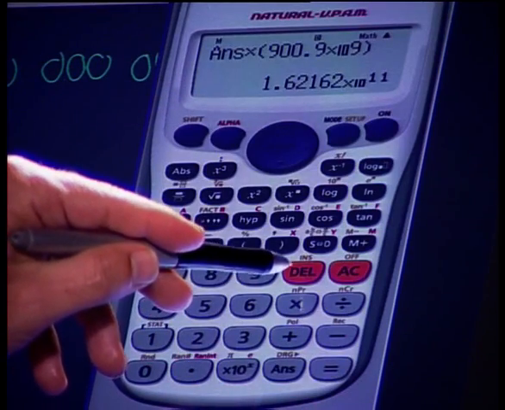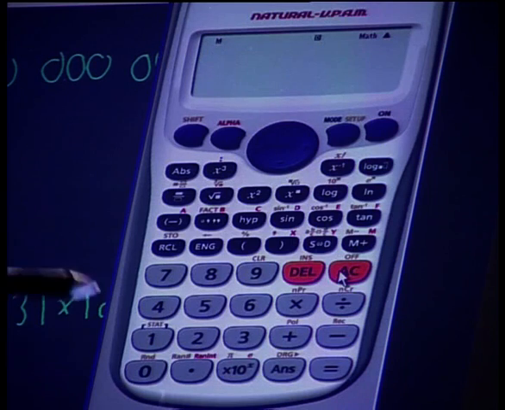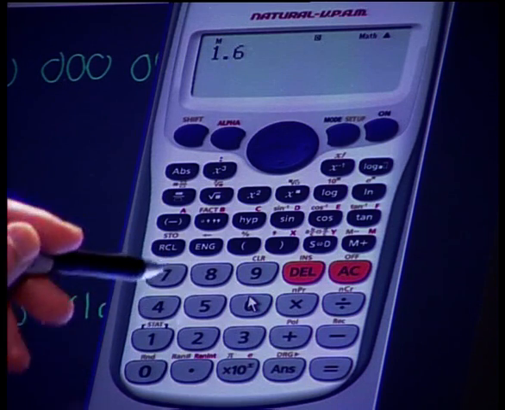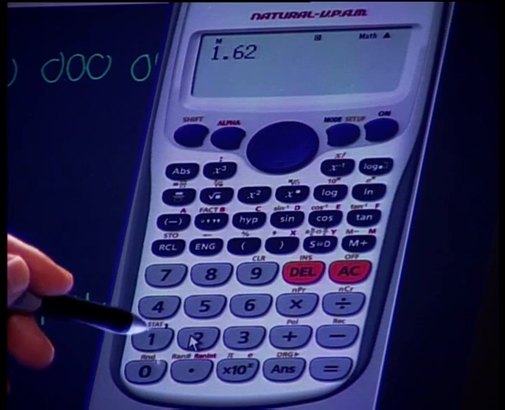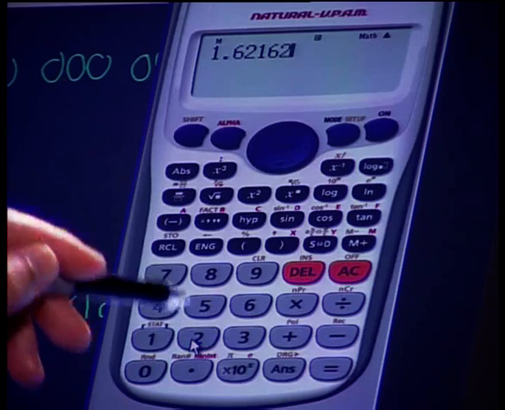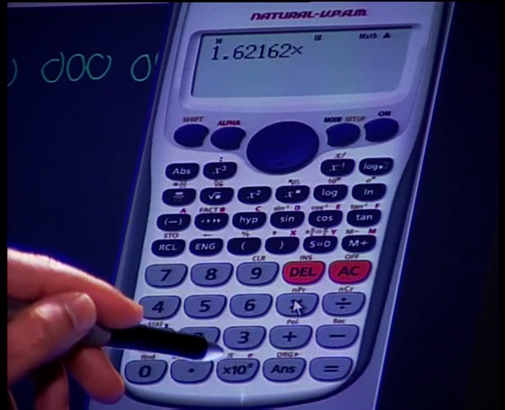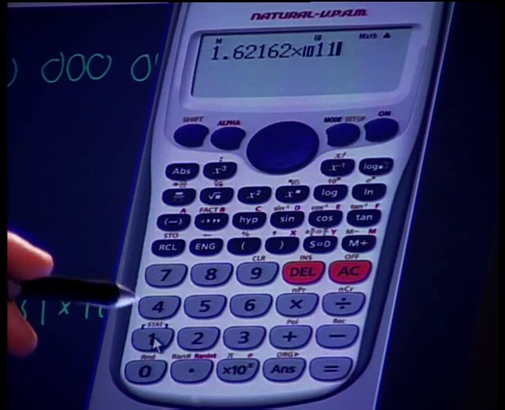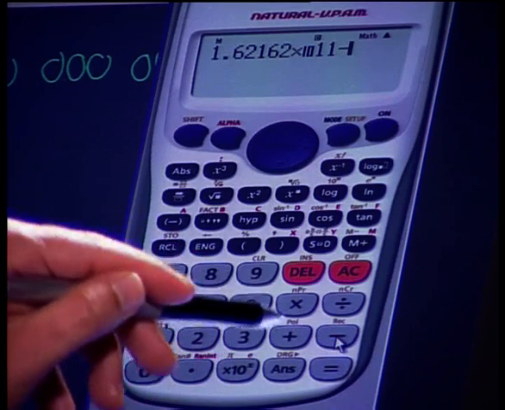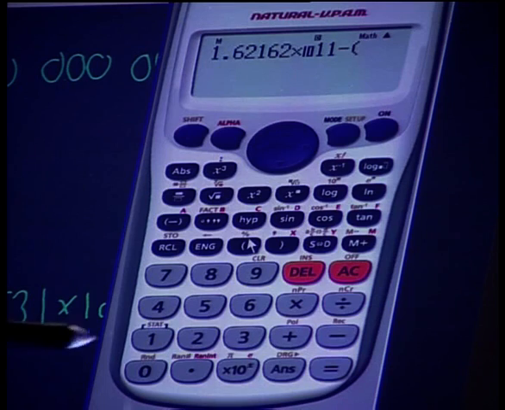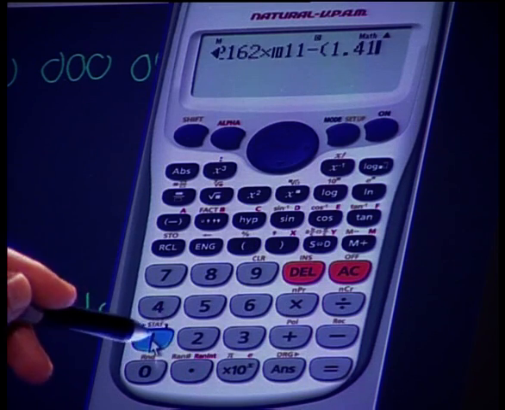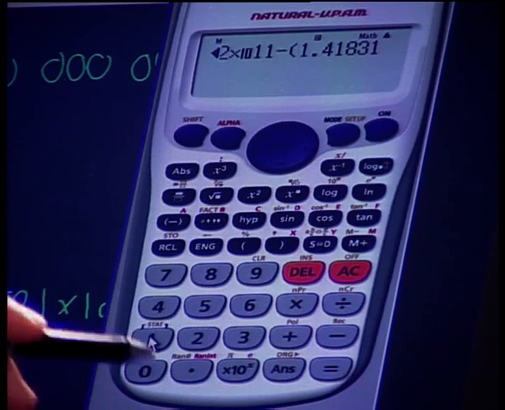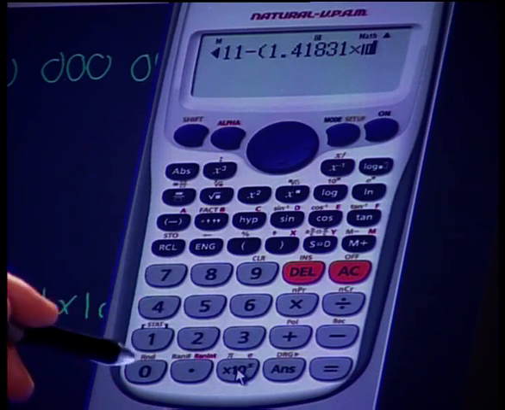So we need to make sure that we keep all the decimals. Back to the calculator, let's type those amounts in and then do the subtraction. We've got 1,62162 times 10 to the 11, and then we subtract, and let's put the next one in brackets, 1,41831, also times 10 to the 11.